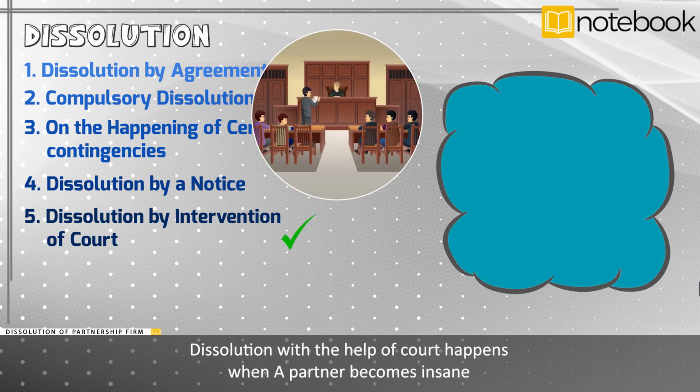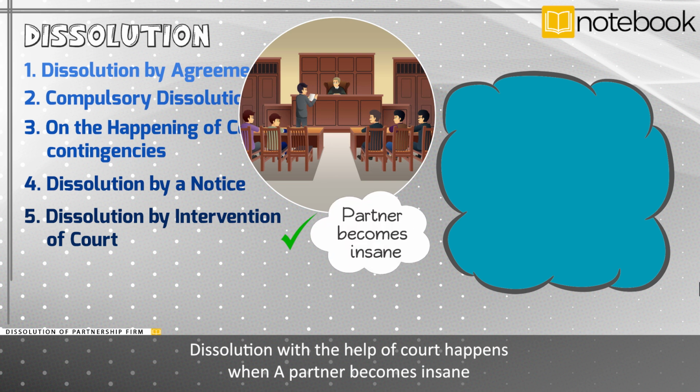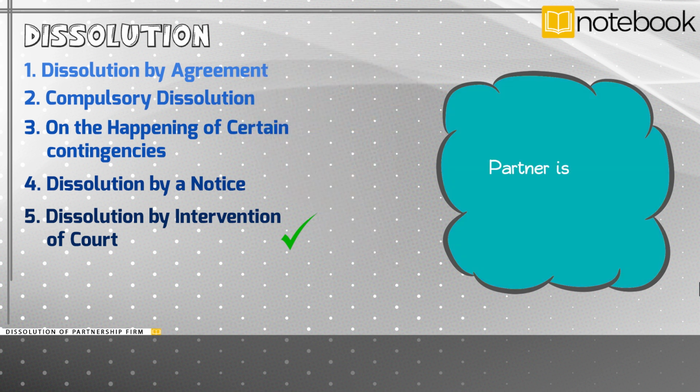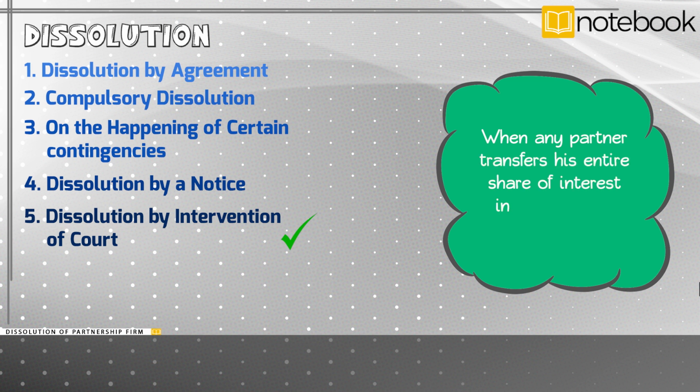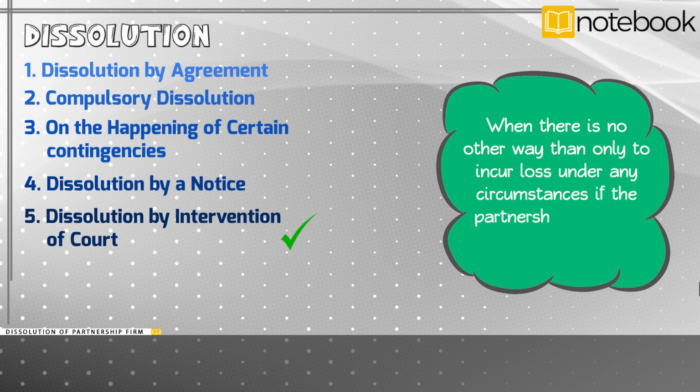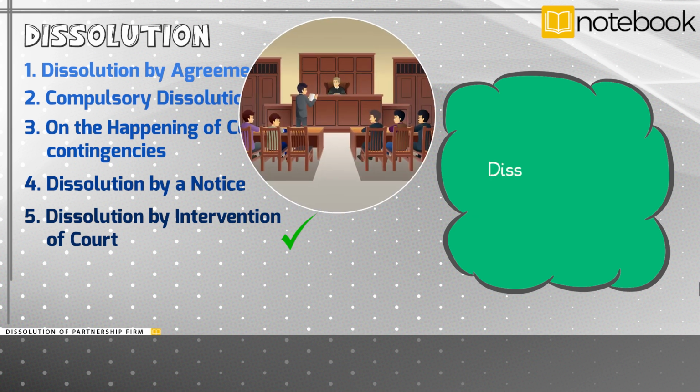Dissolution with the help of court happens when a partner becomes insane, when a partner is permanently incapable of performing his duties in the capacity of a partner, a partner is guilty of any misconduct which will adversely affect the business of the firm, a partner breaches the partnership agreement in a persistent way, when any partner transfers his entire share of interest in the firm to a third party, when there is no other way than only to incur loss under any circumstances if the partnership business is carried on, or the court on any ground considers dissolution to be just and fair.